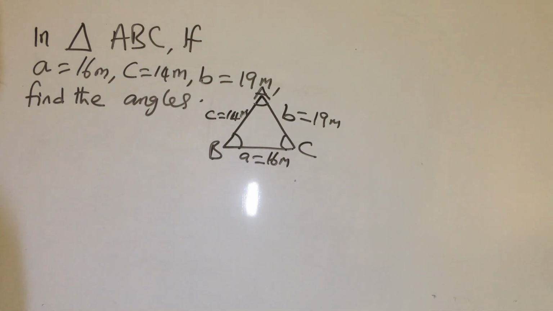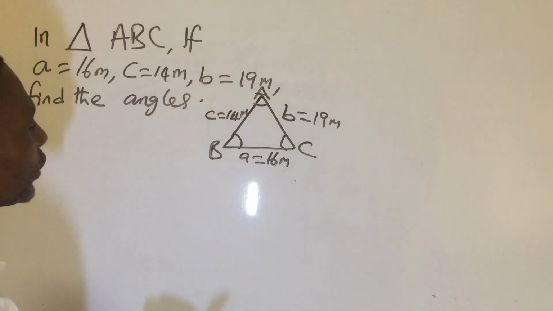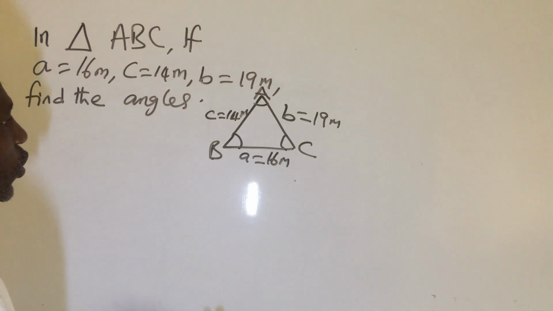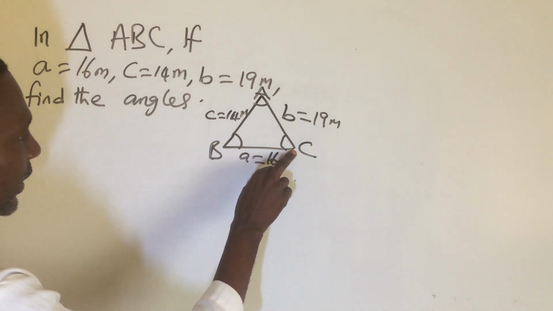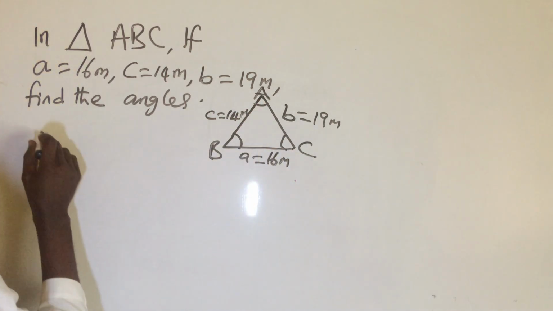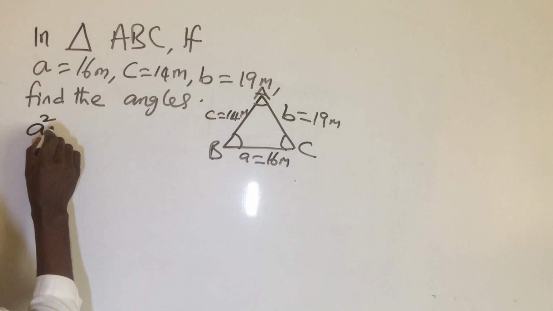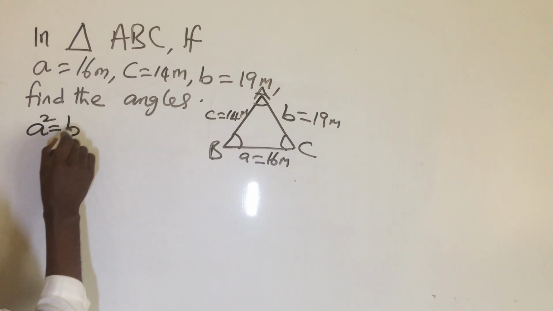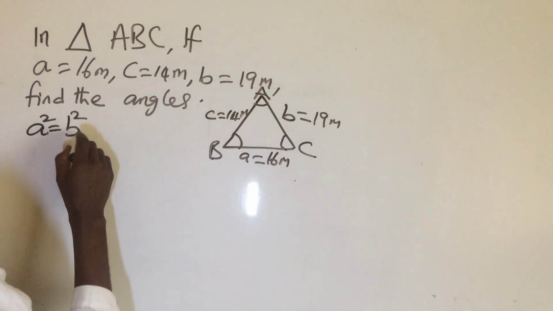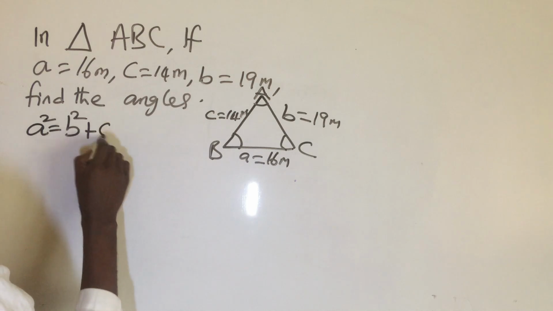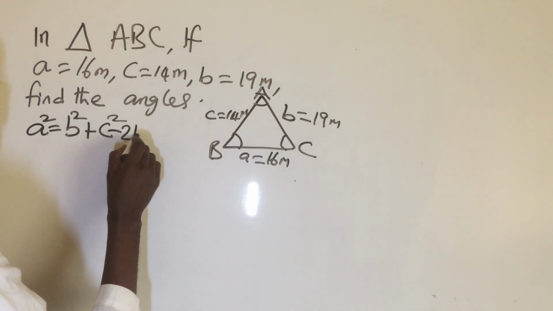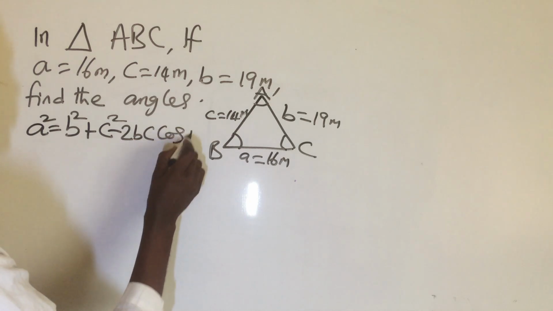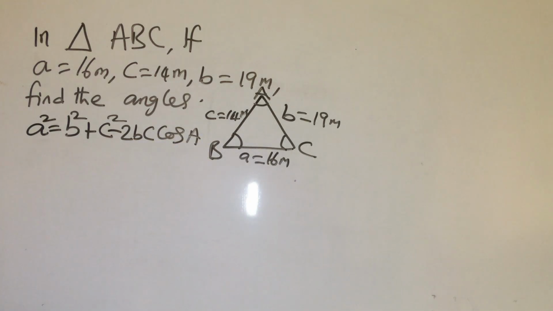Now, from the formula I have given in the introductory part, looking at this side that is facing angle A, it will be a squared equals b squared plus c squared minus 2bc cos A. This formula is the formula I will use.